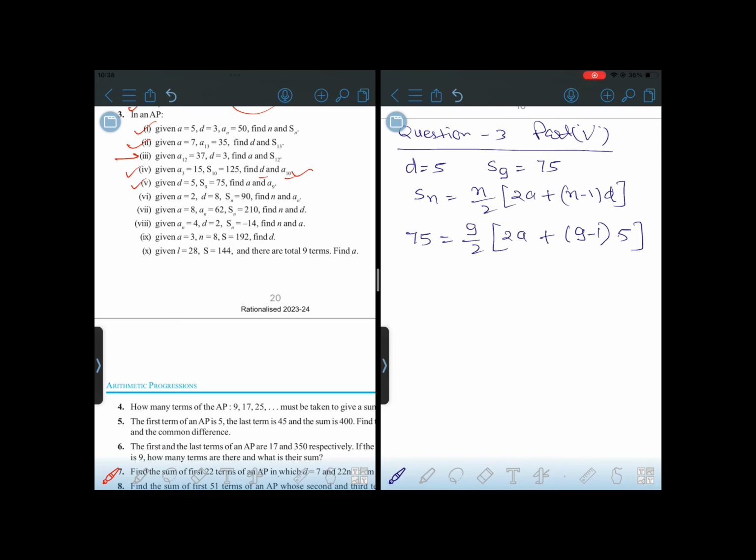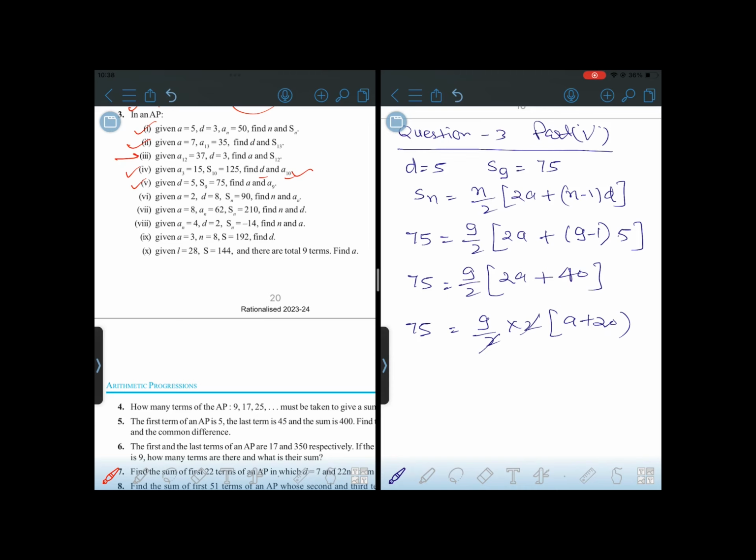So now once we solve this, 75 is equal to 9 upon 2 in bracket 2a plus, that gives how much? That gives us 40. So we can take 2 common from here. So that will give you a plus 20. So now this 2 and this 2 we can cancel.